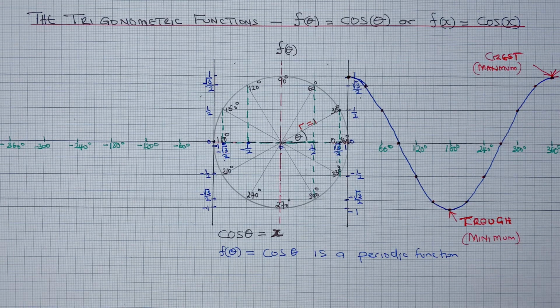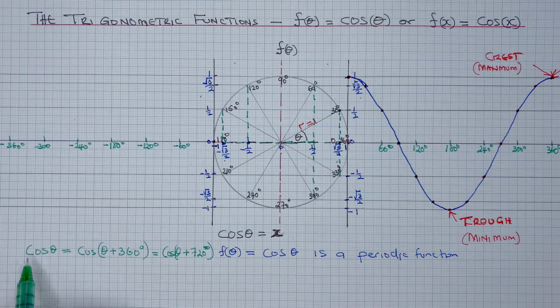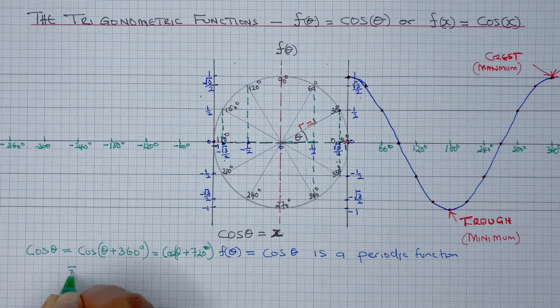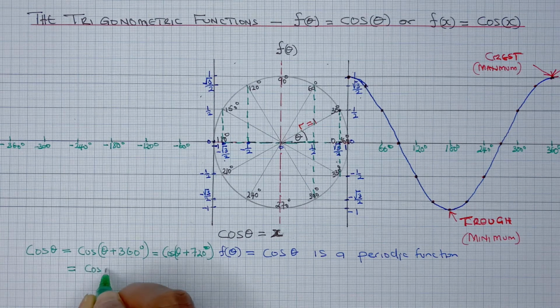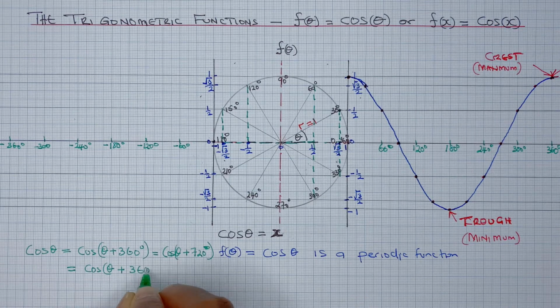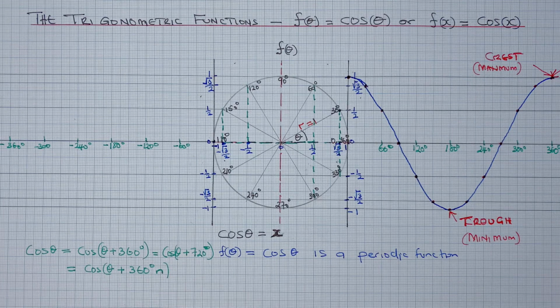So cos theta, or cos x, equals cos of theta plus 360 degrees, which will also be equal to cos of theta plus 720 degrees. There's a difference of 360 here, and that becomes cos of theta plus 360 degrees times n, where n is an integer.